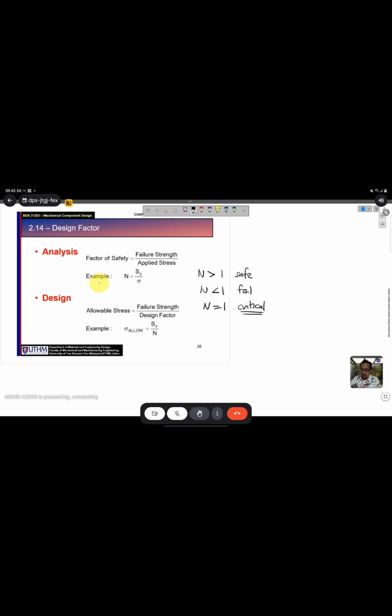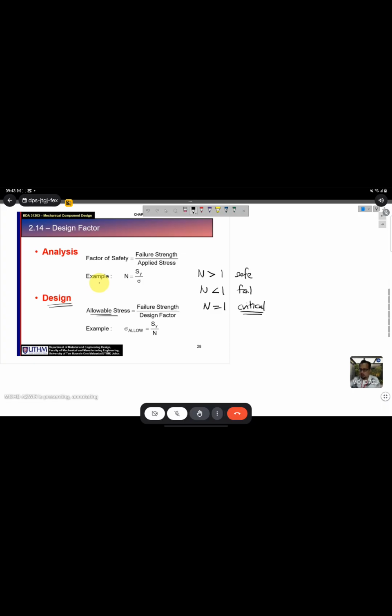In design, in order to make sure your parts are always safe, we want to calculate the maximum allowable stress. This is the maximum stress that you allow to make sure your part is still safe.